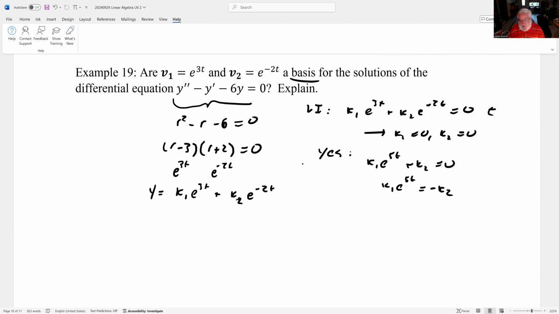And so since t is a variable, this side changes, but K2 is a constant, that one doesn't. So the only way that this can work is if K1 and K2 are both equal to 0. So they're linearly independent. Do they span?